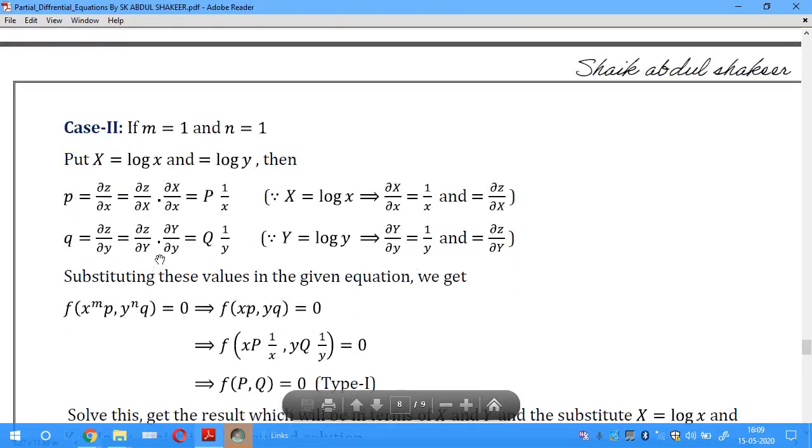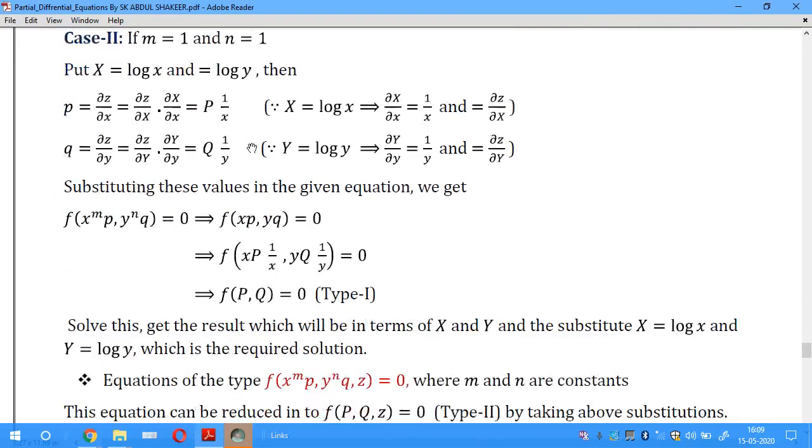Suppose in the case of m = 1 and n = 1, here the substitution is capital X = log x and capital Y = log y. And p is ∂z/∂x, q is ∂z/∂y, which are obtained similarly as above. That is, ∂z/∂x can be written as ∂z/∂X into ∂X/∂x. But ∂z/∂X is capital P. ∂X/∂x is the derivative of log x, which is 1/x.